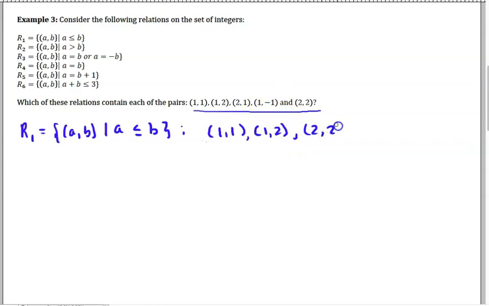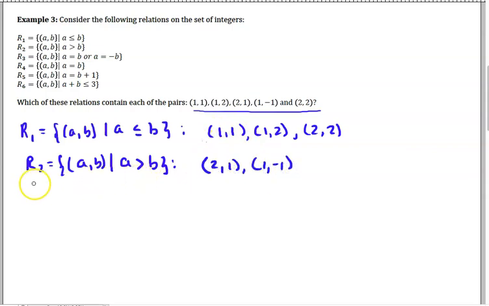And (2, 2) fits that description. So those ordered pairs are in there. Now let's look at the second relation. It is defined as ordered pairs for which a is strictly bigger than b. The ordered pairs above that fulfill that rule are (2, 1) and (1, -1).